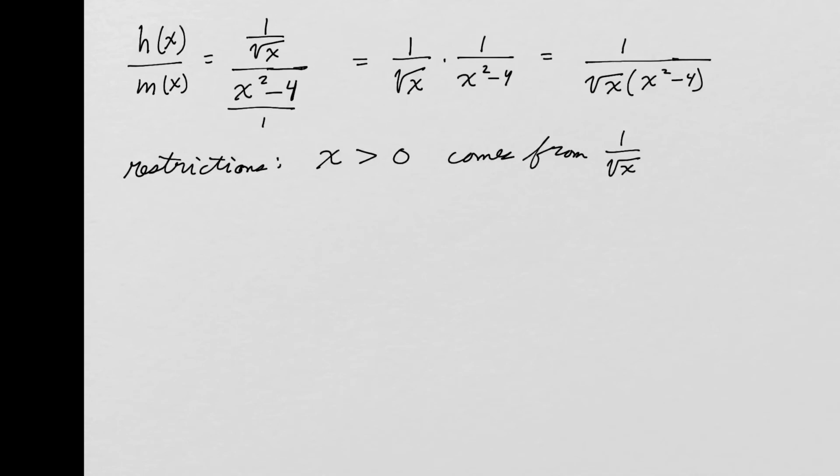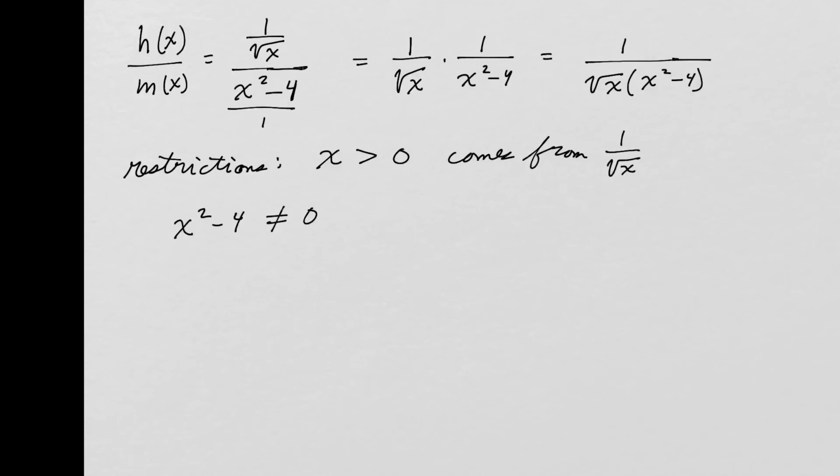It's in the denominator, so it can't be 0, and because it's under the square root, it has to be positive. The other restriction comes from the other piece of the denominator. I know that x squared minus 4 can't equal 0, because I can't divide by 0. So square root of x can't be 0, x squared minus 4 can't be 0, and because it's the square root of x, x has to be positive.